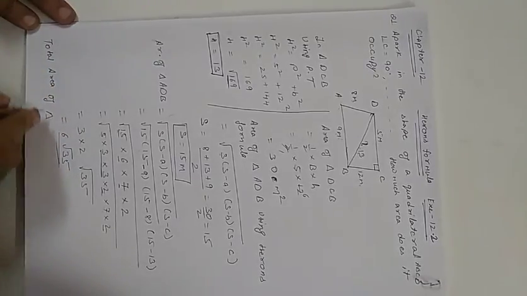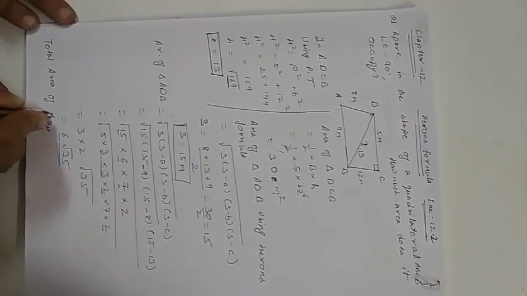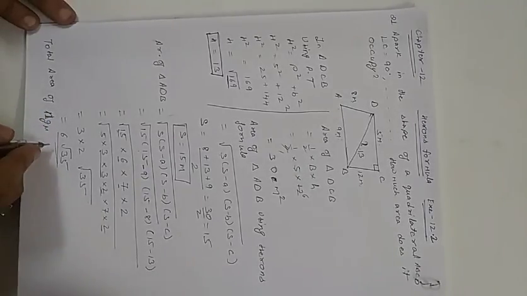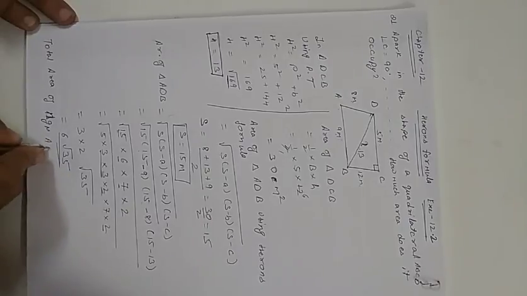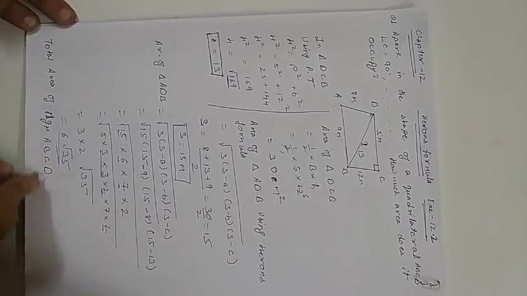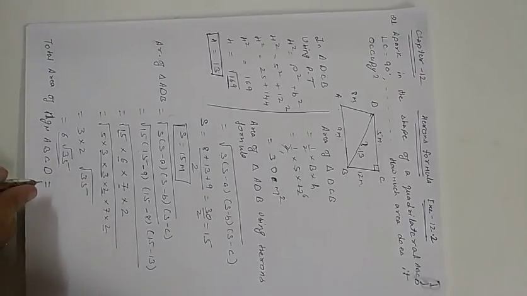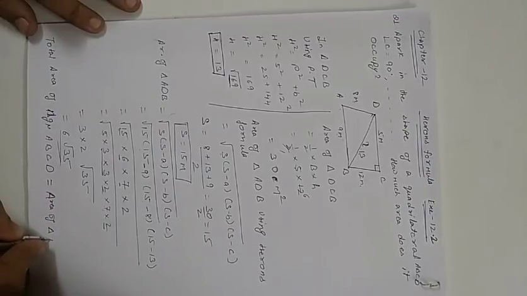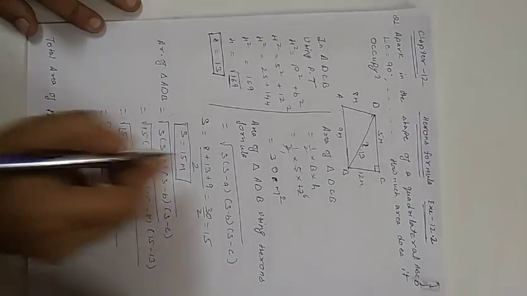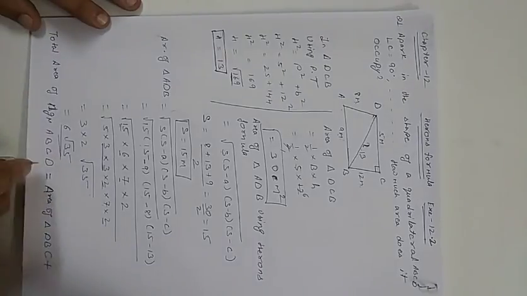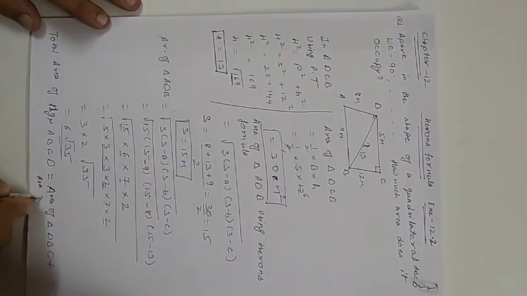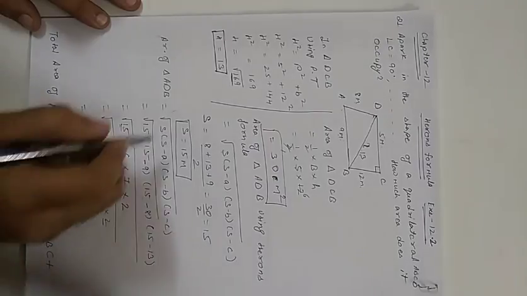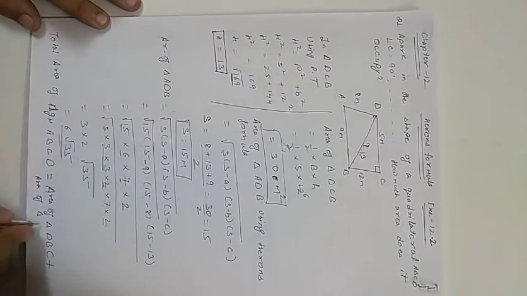Now the total area of parallelogram ABCD equals the area of triangle DBC, that is this one, plus the area of triangle ADB, that is this one.